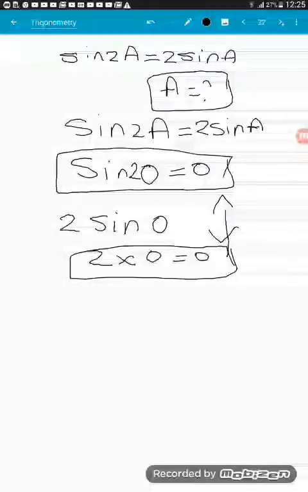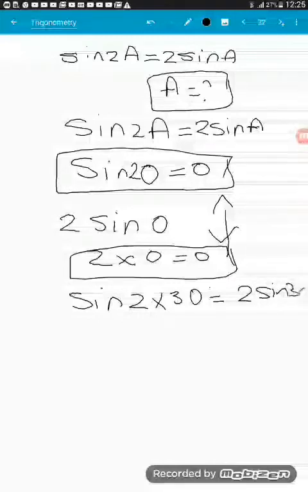For example, sin 2A, sin 2 into 45 degree. Yeah, I think instead of 45 it is 30 degree. Sin 2 into 30 degree equal to 2 sin 30 degree.